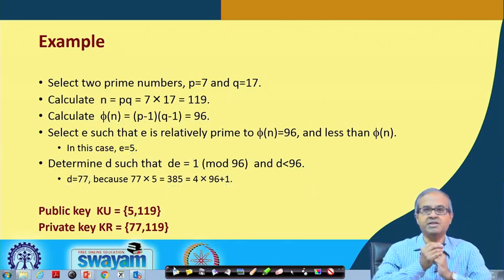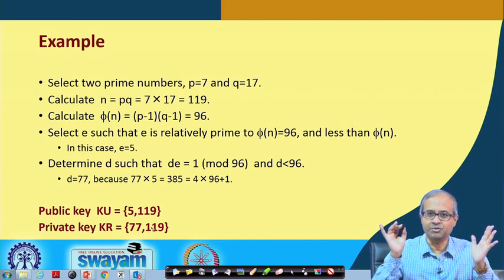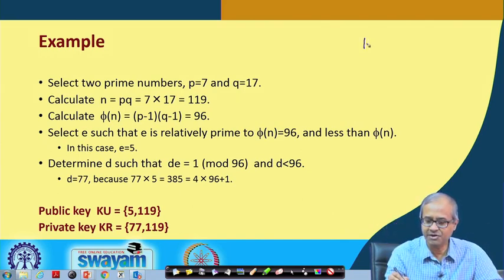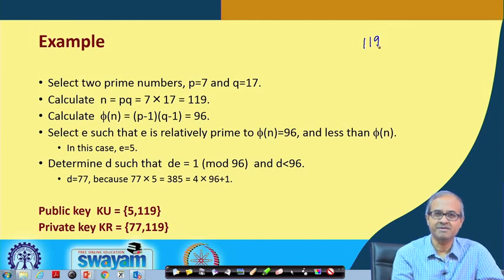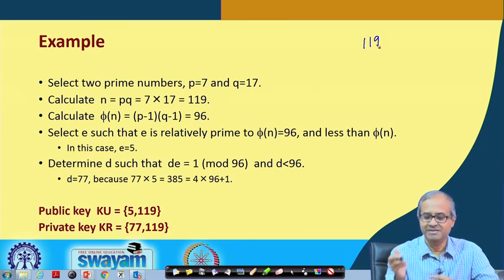Now, you think one thing, these are publicly known. Suppose everyone knows about 119 and everyone also knows about this RSA algorithm, because this algorithm is not private, it is publicly known. So, everybody will know that 119 is just a product of two prime numbers.